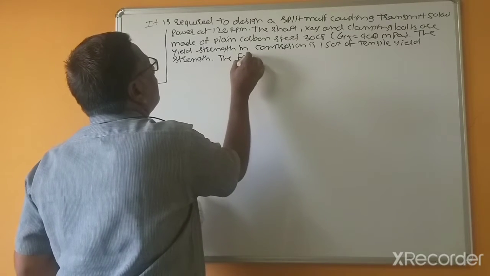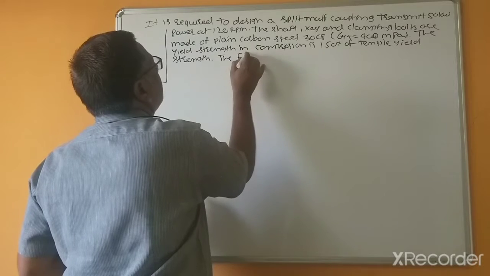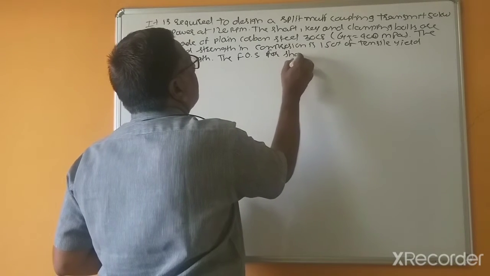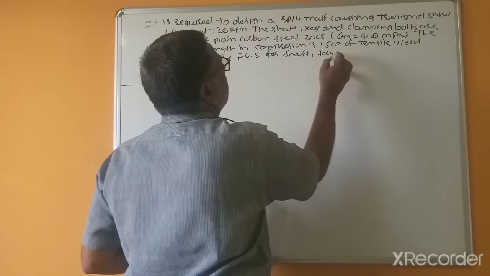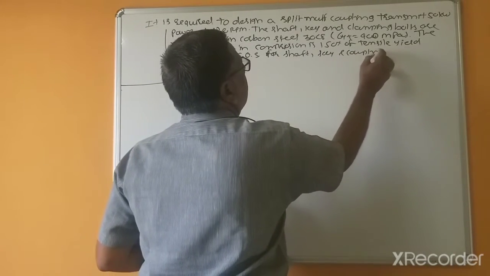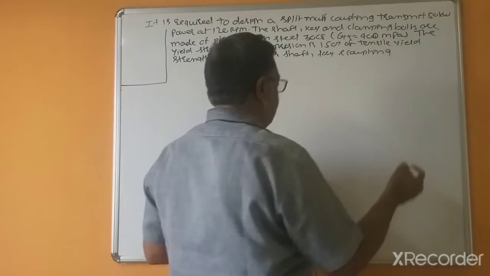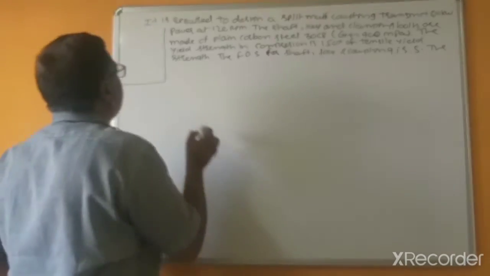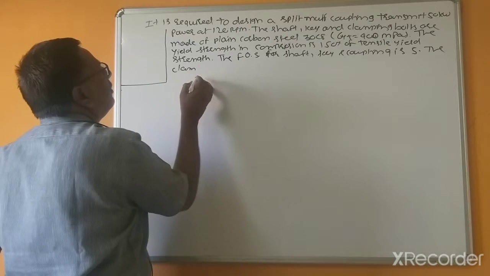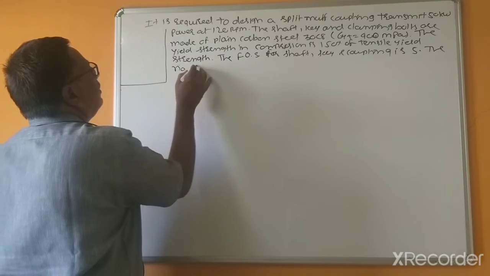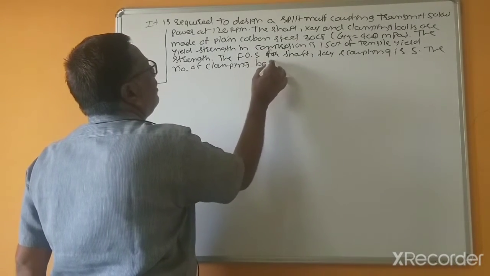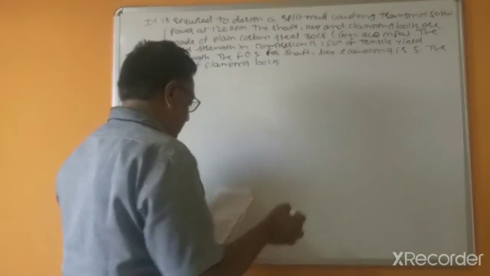The factor of safety for shaft, keys and coupling is 5. The number of clamping bolts is 8.